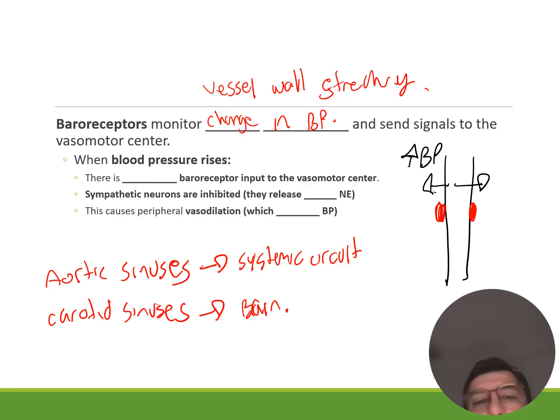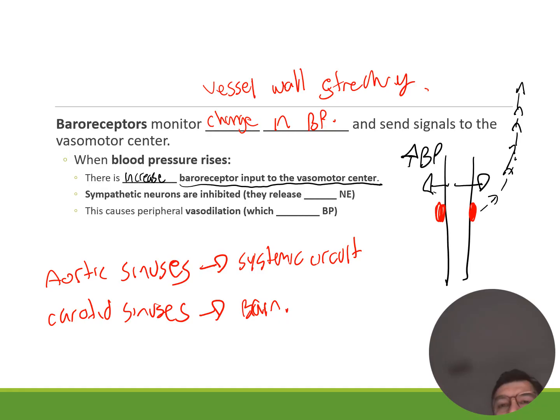When that happens, there will be an increase in baroreceptor input to the vasomotor center. So the vasomotor center within the brain is going to receive signals, and it's going to tell it, hey, look, our blood pressure is really high. We can now start decreasing that sympathetic activation.